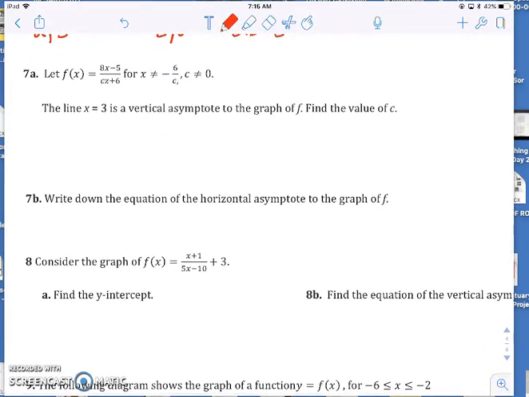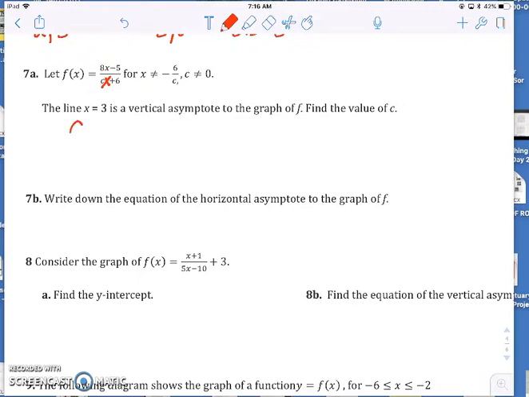Number 7. So we're given this equation. The line x equals 3 is a vertical asymptote. Find the value of c. I think this is supposed to be an x right here, my bad. Okay, so there's a vertical asymptote at 3.